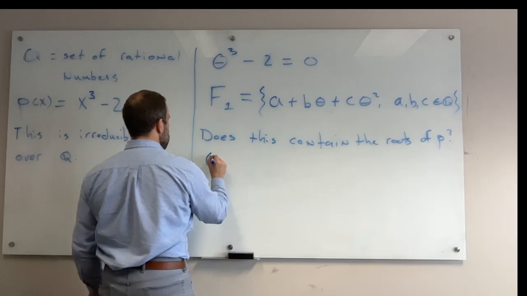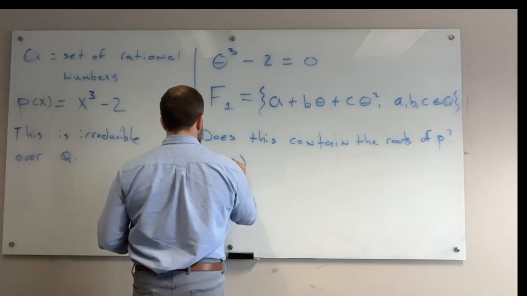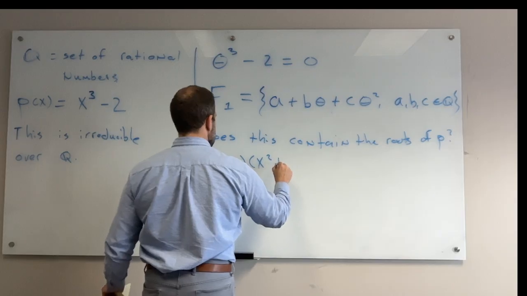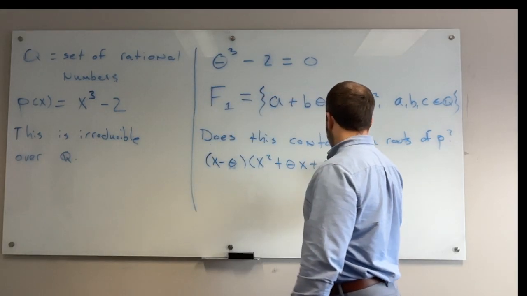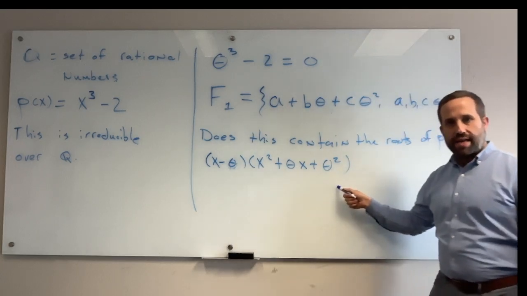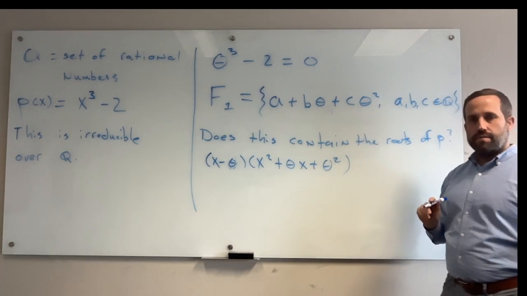We can factor this polynomial as x minus theta times x squared plus theta x plus theta squared. But this piece right here is irreducible over this field.